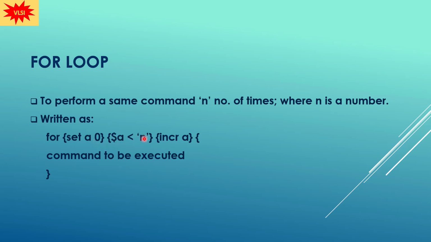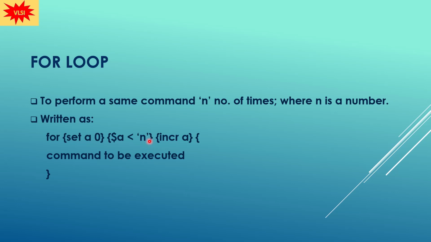And then you're giving it a condition where it has to be lesser than n or it can be greater than n, anything like that. Since I'm starting with 0, therefore I have written here as lesser, okay, as lesser. Then we are incrementing a to reach this certain value. Now here n is not a string, it's a number.